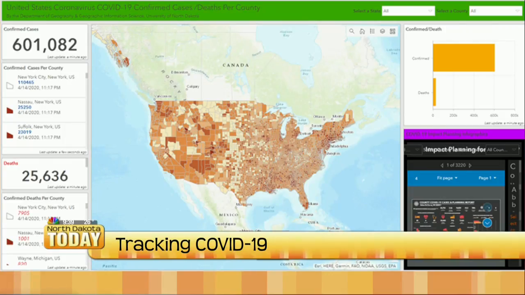So let's say, when you look at the models, they show that highly dense urban areas are going to be highly infected.